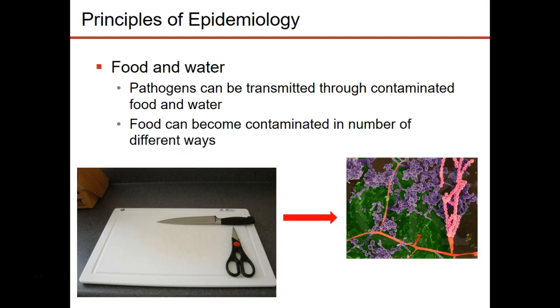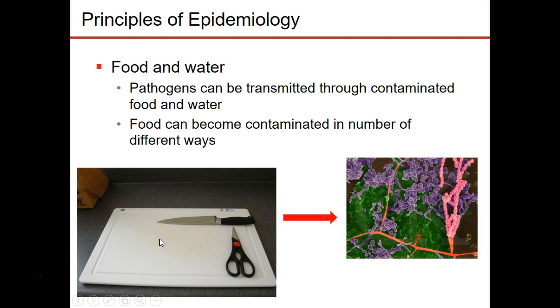If you don't clean the items that you're using for cooking, that is going to make it even easier to transmit pathogens. Say I use this cutting board and these scissors to cut up chicken, and then all I do is rinse everything off and set it next to the sink.